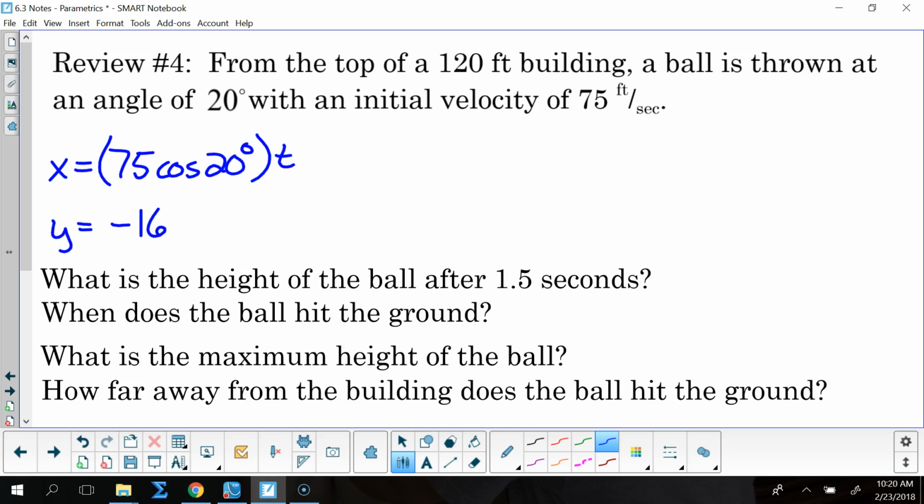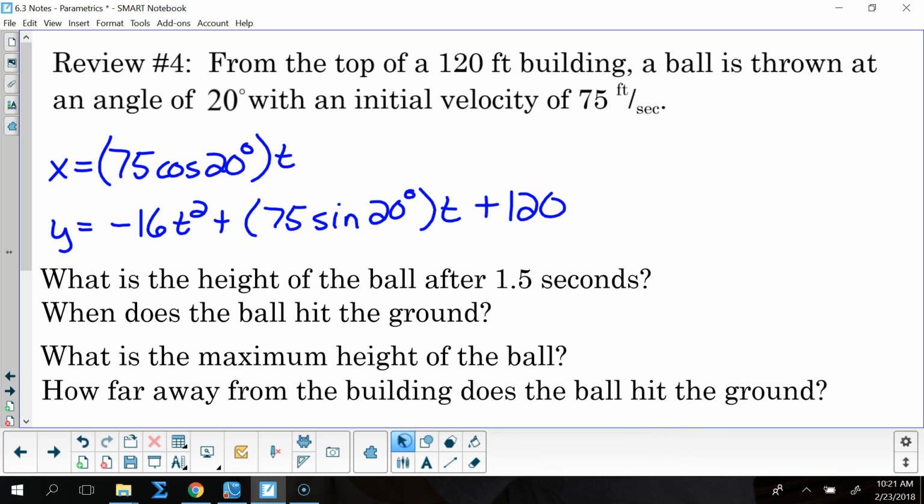Negative 16 t squared plus 75 times the sine of 20 degrees times t plus 120. So those are our equations. Yes? I would agree with those.